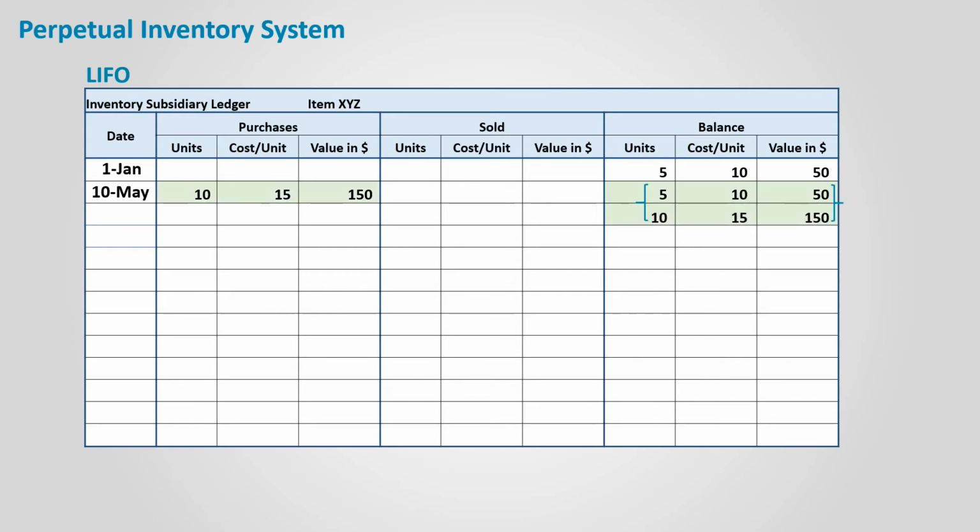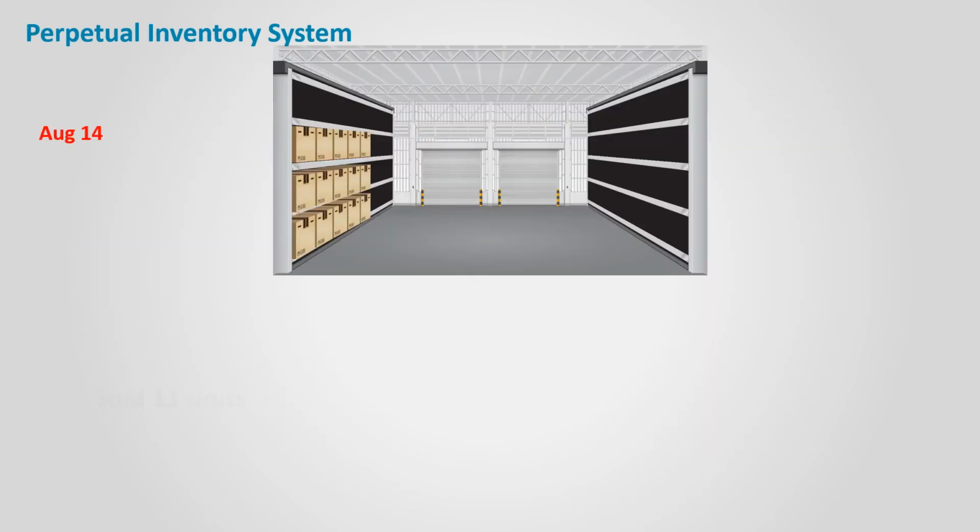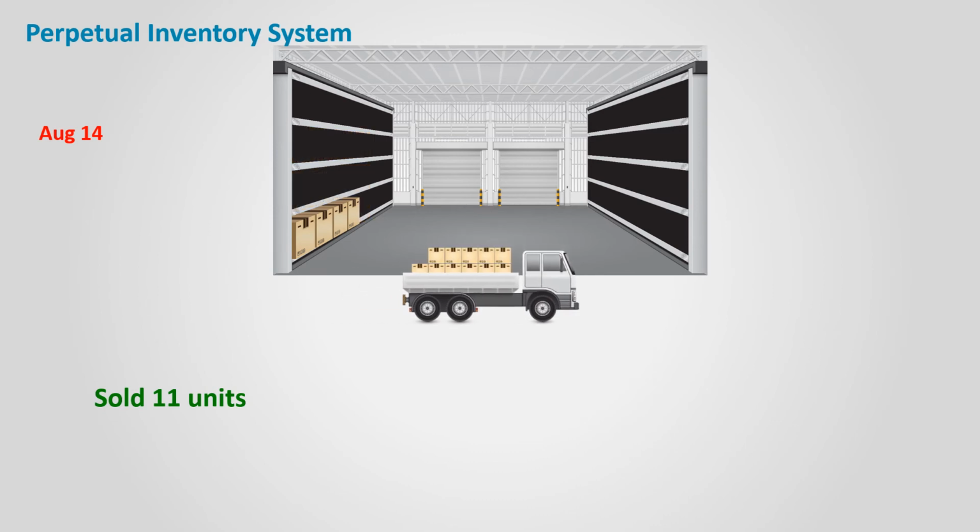Now, the balance is composed of two layers, one representing the beginning inventory and the second represents the May 10th purchases as follows. So although there are two layers, we know that we have a total of 15 units for $200 in inventory. On August 14th, the business sold 11 units.